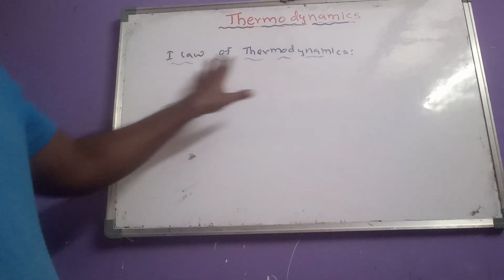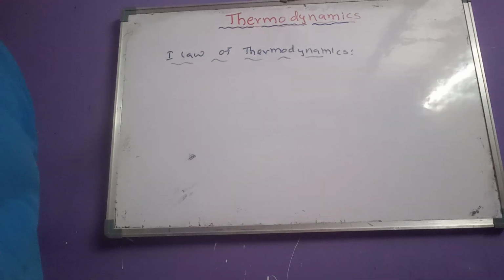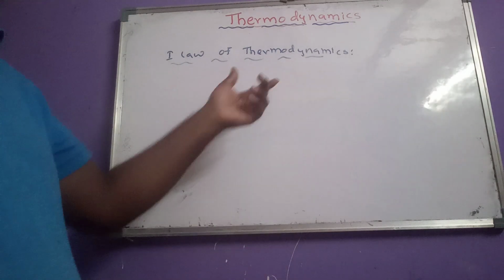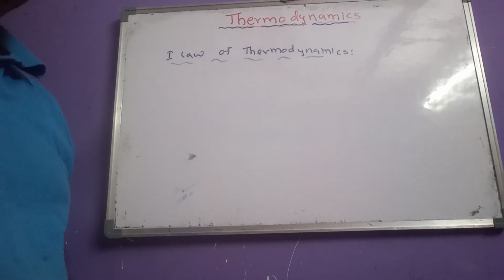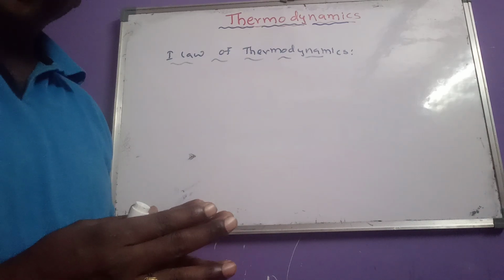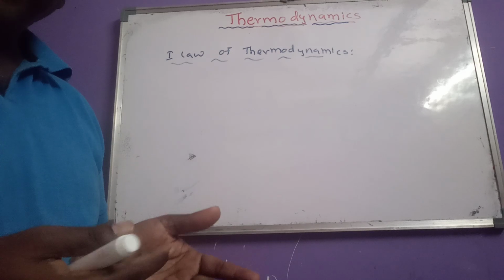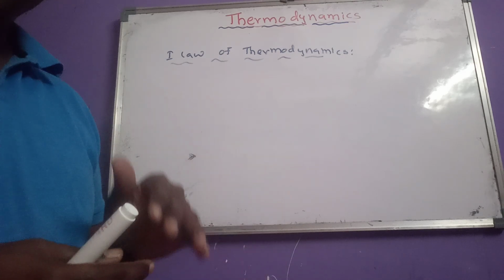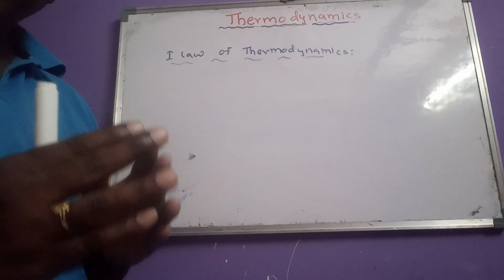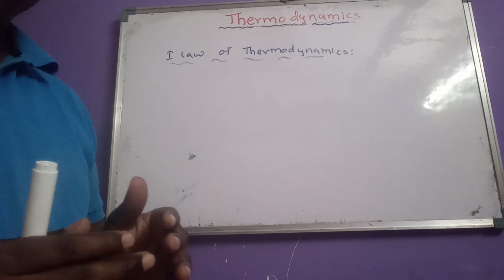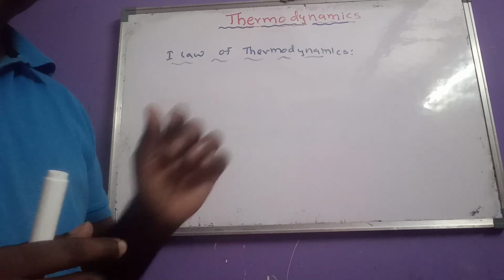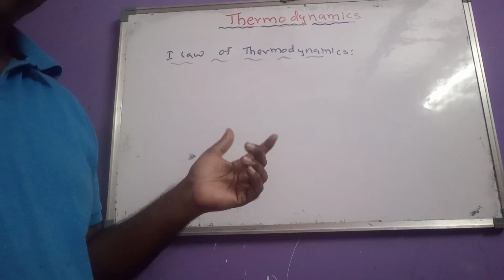Now let us observe the first law of thermodynamics. According to the first law of thermodynamics, energy neither can be created nor can be destroyed, but that only can be transformed from one form to another form. So listen again.